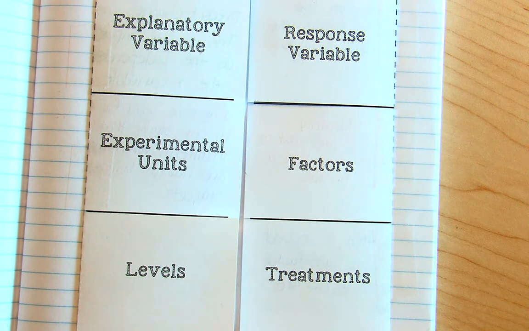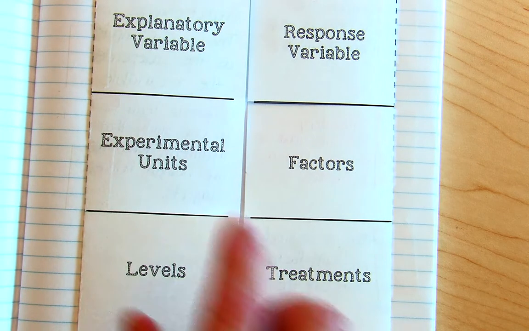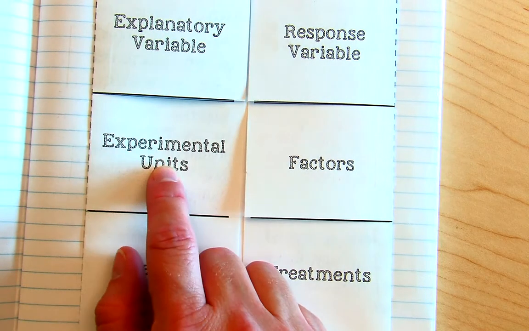This group of students are going to do cardio workouts. This group is going to do weightlifting exercises. So we want to see which one gets the best blood pressure after 6 months or something. The experimental units are the students that are doing the exercise. Okay? So it's who is the treatment applied to.